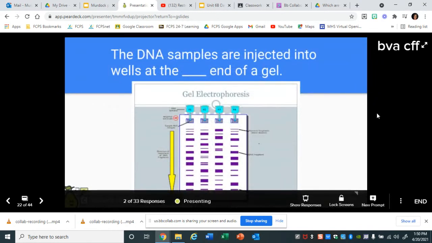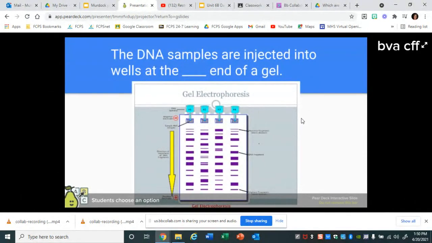So here's a question. DNA samples are injected into the wells at the blank end of the gel. Nice picture. This DNA is a negatively charged molecule, and you start it on which end is the question.